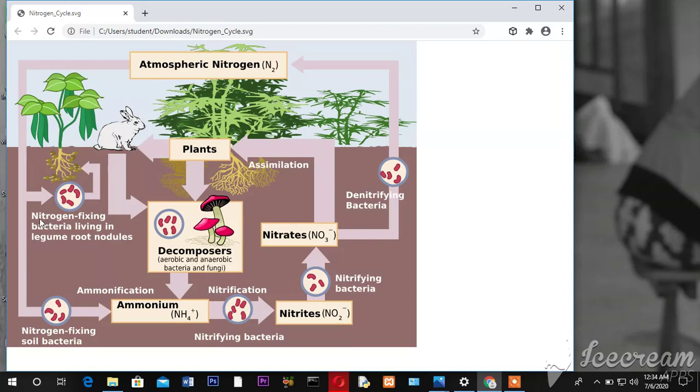The first step is being fixed by nitrogen fixing bacteria in the root nodule, and nitrogen fixing bacteria in the soil can also pick up the nitrogen from the atmosphere, which means there are two types of nitrogen fixing bacteria: those that live in the root nodules and those that live in the soil.